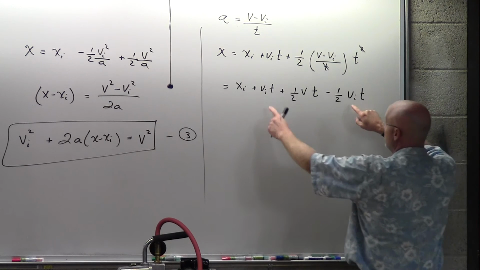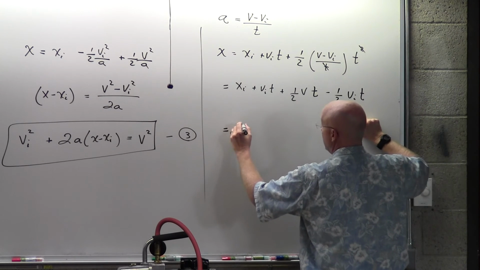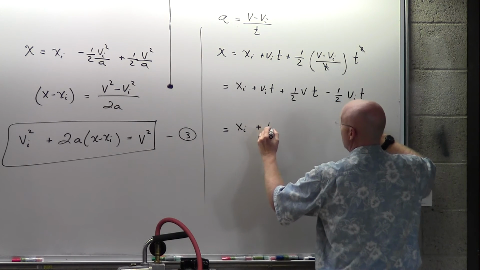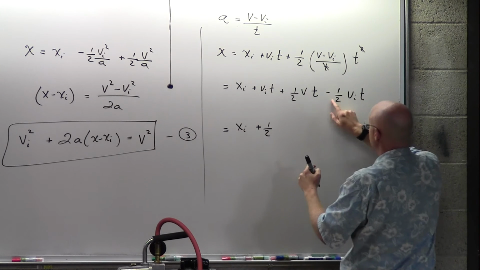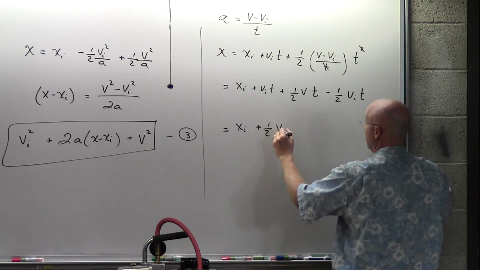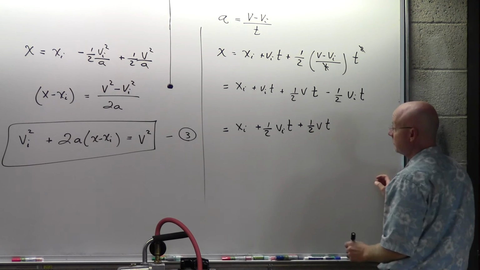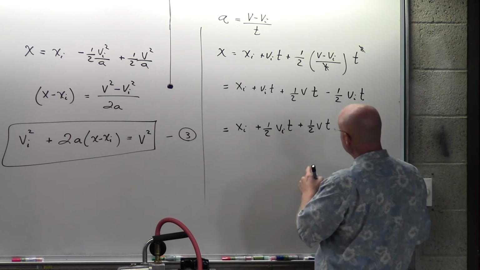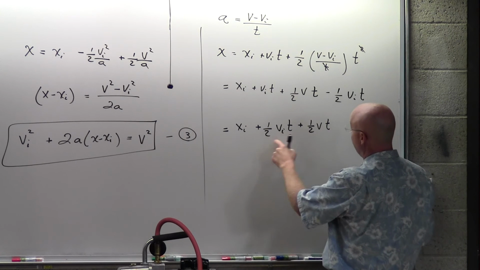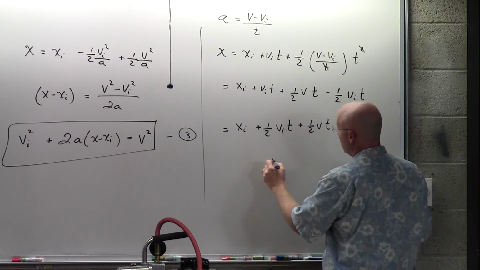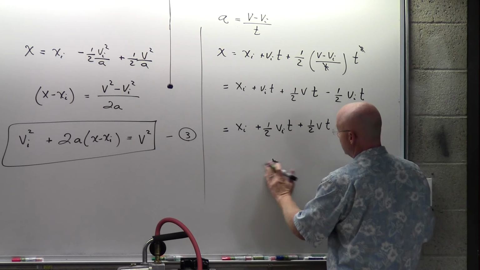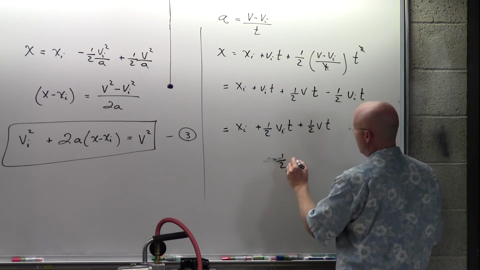And we have 2 like terms right here. So that plus 1 minus 1/2 makes a plus 1/2. And that's kind of nice because we do have a 1/2 in each term and a time. So it's kind of nice to factor out a 1/2.